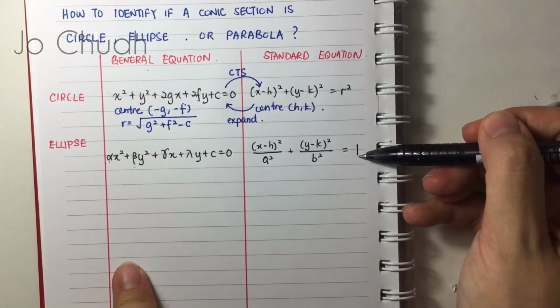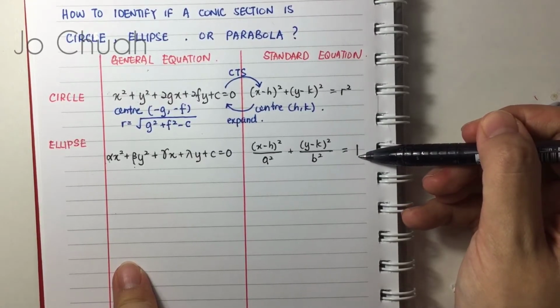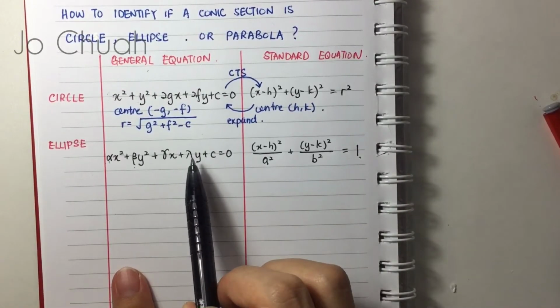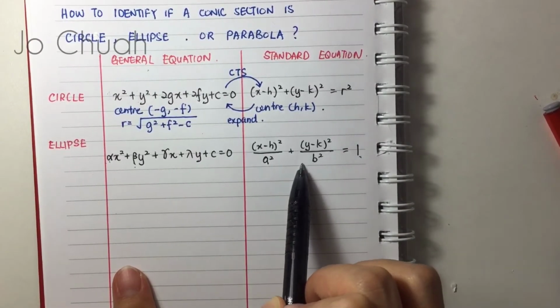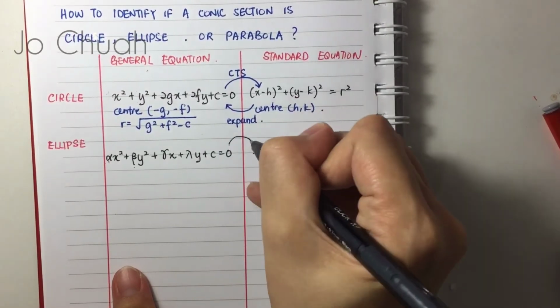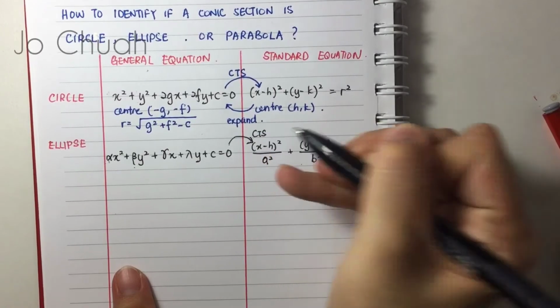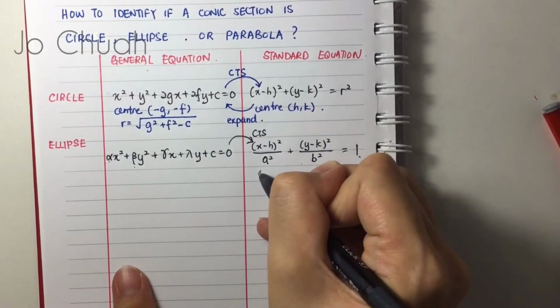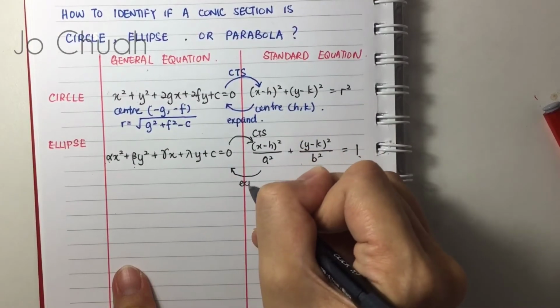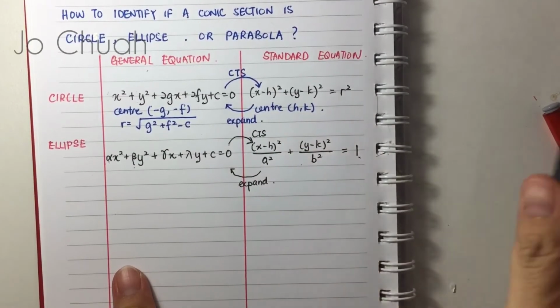If it's not equal to 1, it's not yet the standard equation. It's the same case: to go from a general equation to a standard equation, you have to do completing the square. And from the standard equation to a general equation, you just have to expand it.